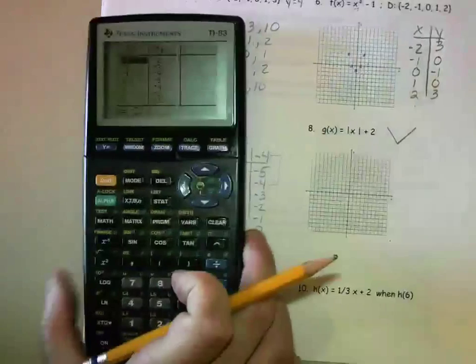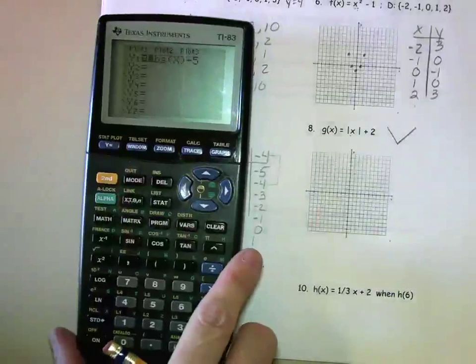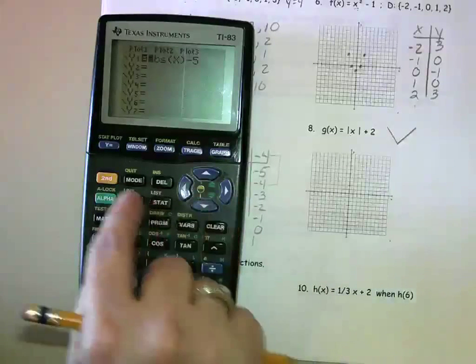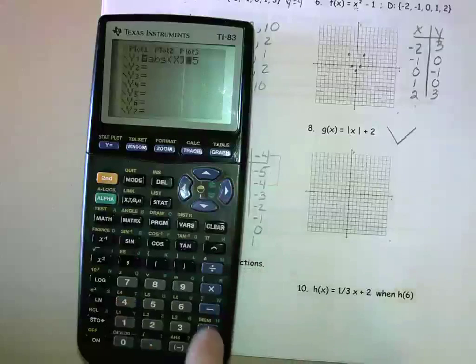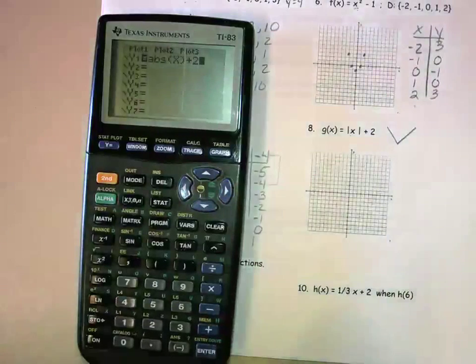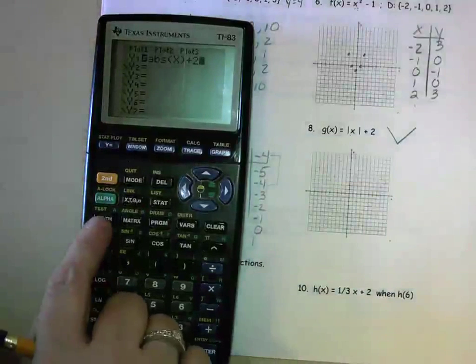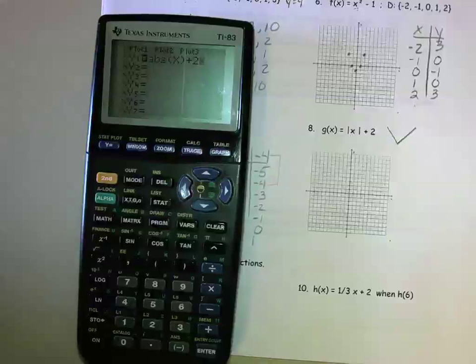Let's use the graphing calculator for the second one. Go to y equals absolute value of x. We already have the absolute value of x in there, so I'm just going to change that to a plus 2. One more time, to get absolute value, go to math and then arrow over 1.